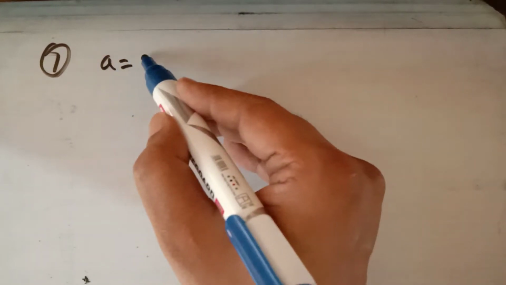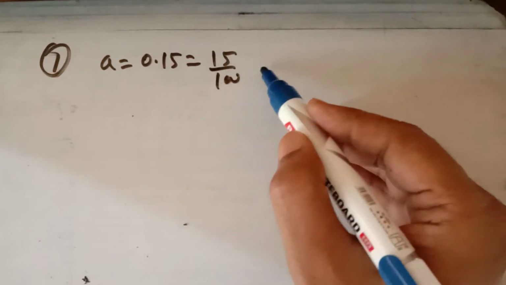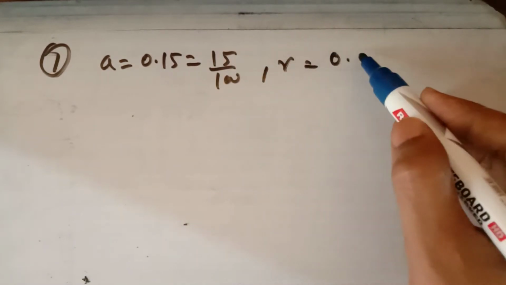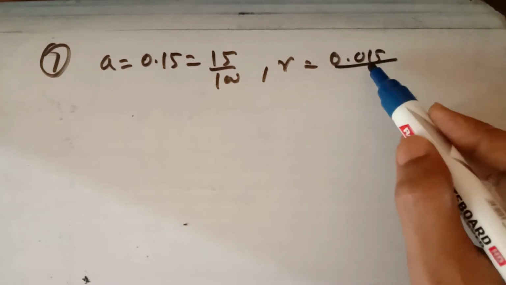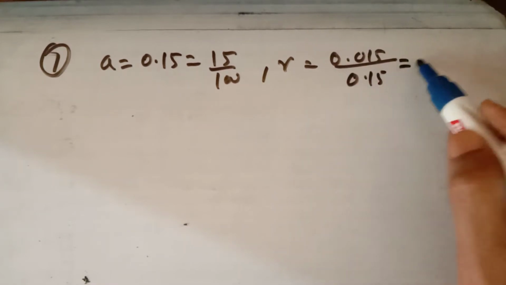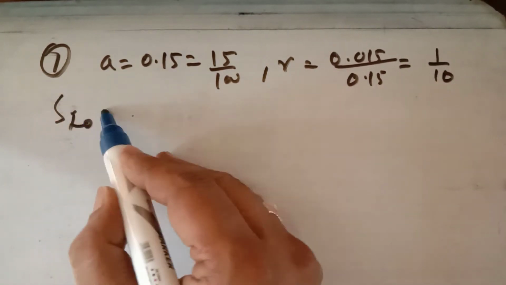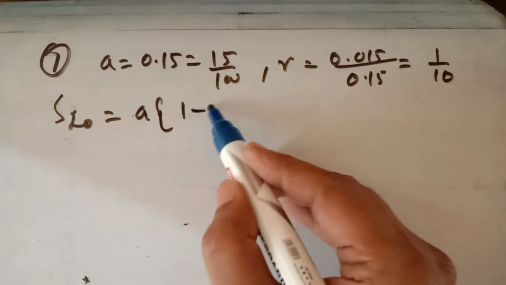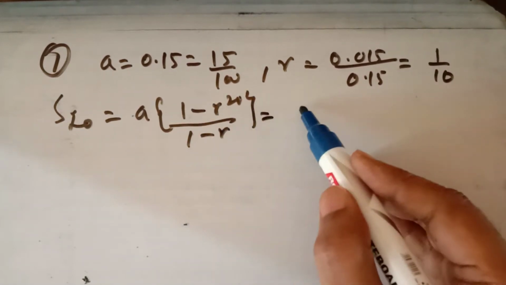The first term is given as 0.15, which is equal to 15/100, and the common ratio can be obtained by dividing the second term by the first term. So it is coming out to be 1/10, and you have to find S20, which is a(1 - r^n)/(1 - r), where n is equal to 20.